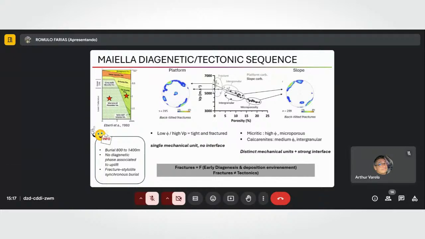So we can say here that the fractures depend on early diagenesis and on depositional environment. And here the pattern of the fracture is not at all related to tectonics, nothing to do with tectonics.